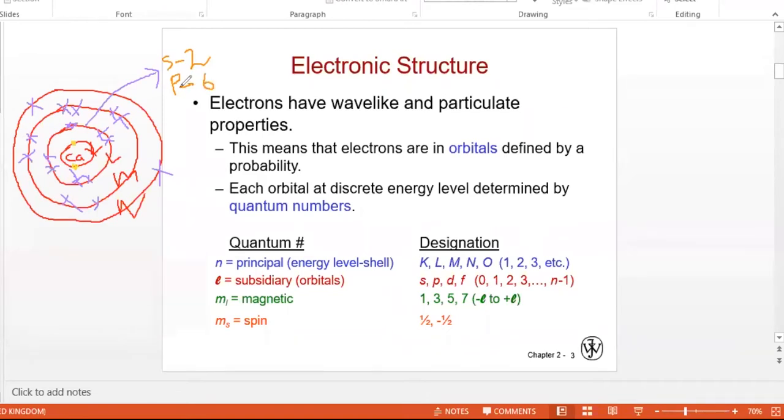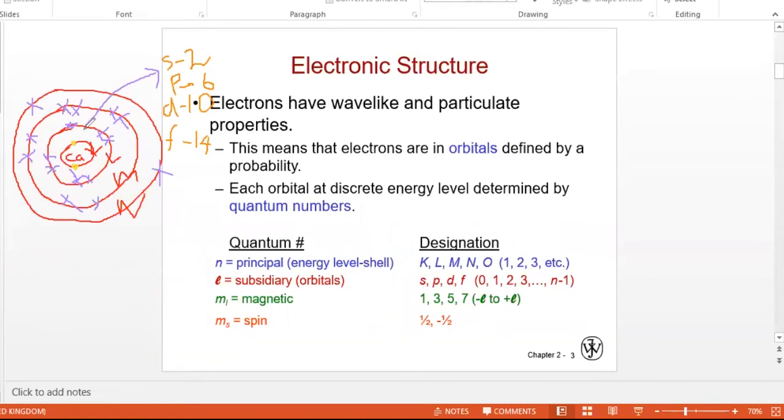And then we have d, which can have 10 electrons, and f, which can have 14 electrons. So this is the maximum.